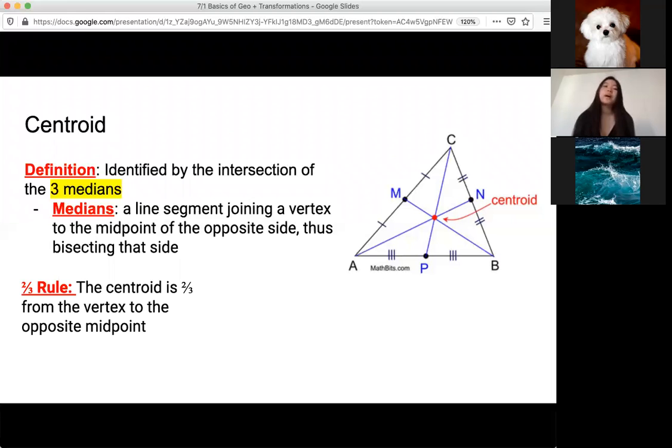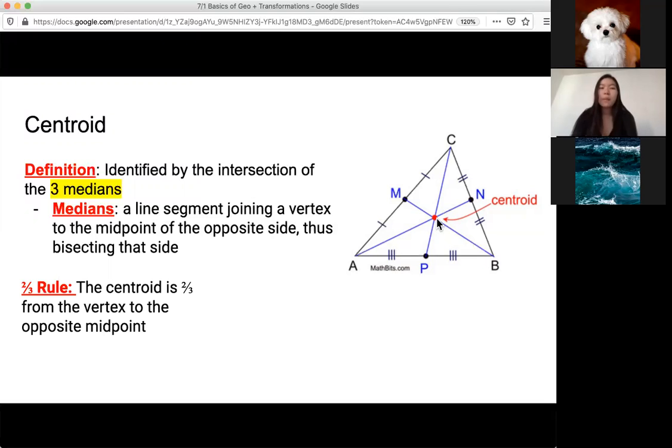And also, in addition to the centroid, there's a rule called the 2/3 rule. The centroid is 2/3 from the vertex to the opposite midpoint. So what that's trying to say, that's a mouthful, so I'm just gonna display it on the diagram. So this is the vertex, right?